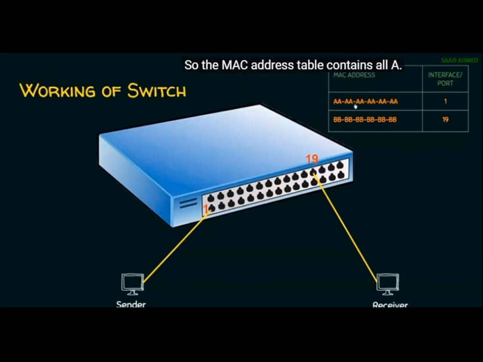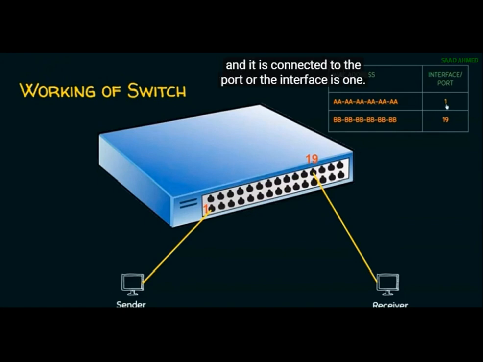You can see on the top right side the table is being shown. So port 1 with its MAC address and port 19 with its MAC address, which is connected to port 19.